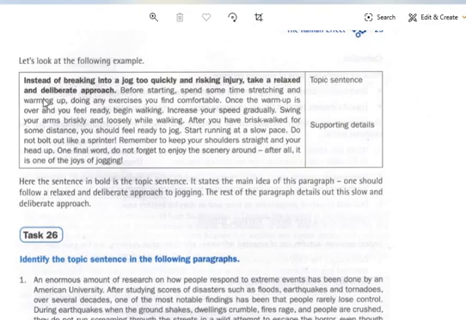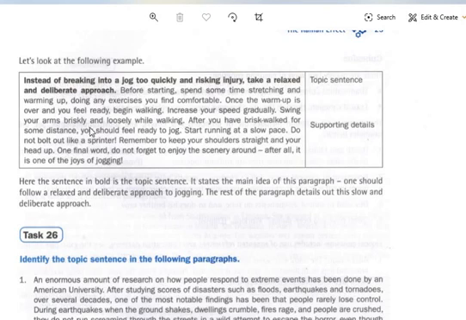I'll read out this paragraph for you. Instead of breaking into a jog too quickly and risking injury, take a relaxed and deliberate approach. Before starting, spend some time stretching and warming up, doing any exercises you find comfortable. Once the warm-up is over and you feel ready, begin walking. Increase your speed gradually.